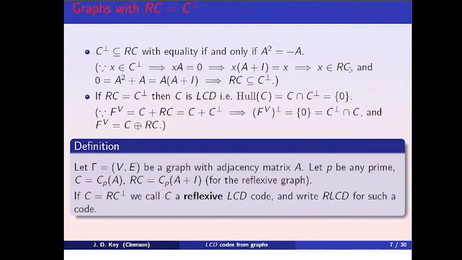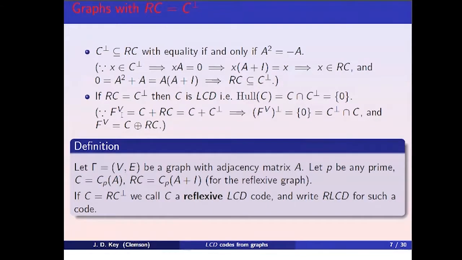For the second part of it, if A squared is minus A, that means 0 is A squared plus A, which is A times (A plus I), and therefore RC is in C perp, or vice versa, also C is in RC perp. So if RC is equal to C perp, then it's LCD, the hull is 0.